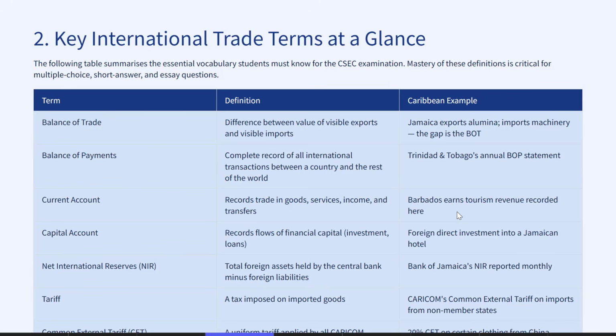All right, so to include the balance of trade, which is the visible goods, it will have what we call the balance of services, which will be invisible goods. The total export of services minus total imports of services. Then it will have your income, which is the money earned by the residents from investments abroad. So it could be interest or profit.